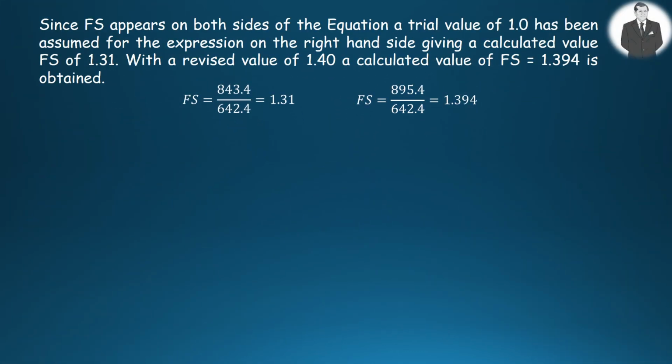Since the factor of safety is available on both sides of the equation, a trial value of 1 has been assumed for the expression on the right-hand side, leading to a calculated value of 1.31. With a revised value of 1.40, a calculated value of 1.394 is obtained, as illustrated here.